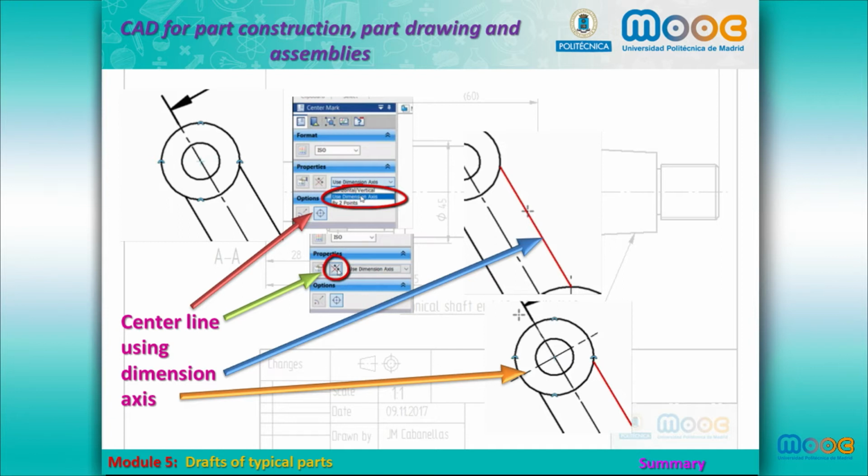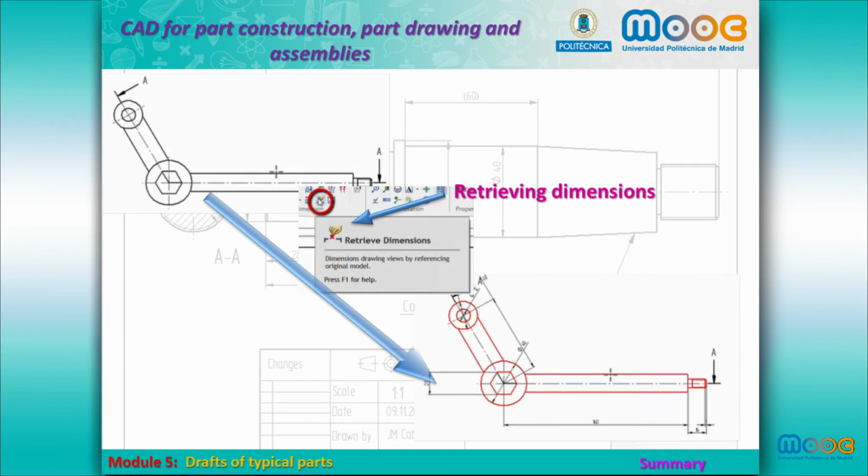Also, we used the Dimension X mode to obtain inclined center marks in the inclined part of the view. With the Retrieve Dimension tool, we can obtain some of the dimensions we employed to make the 3D geometry in the construction of the part.